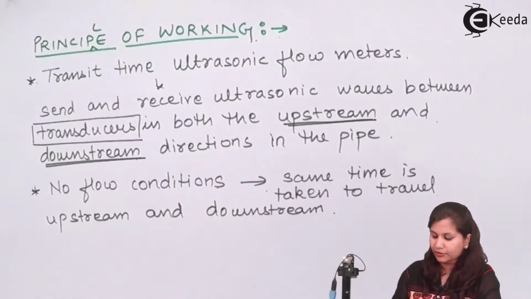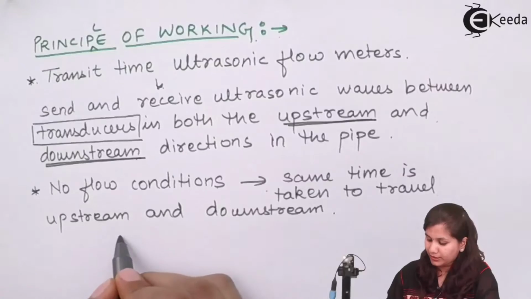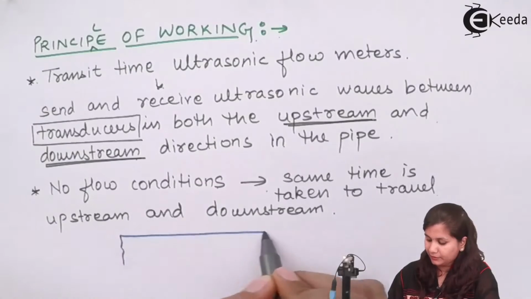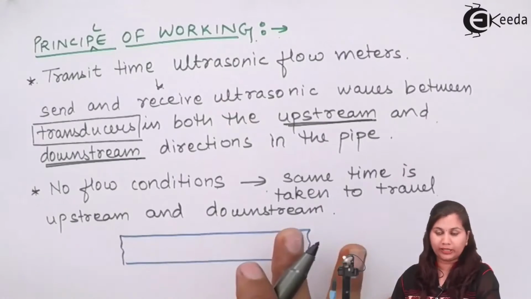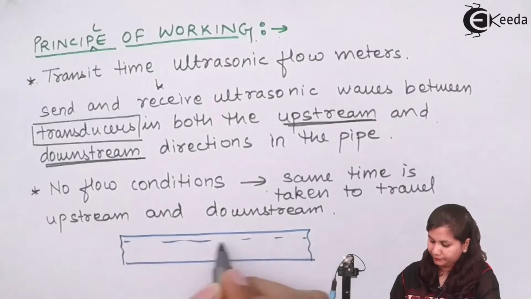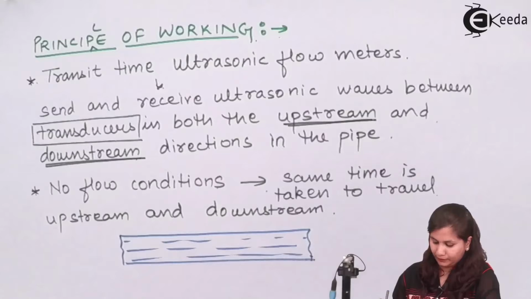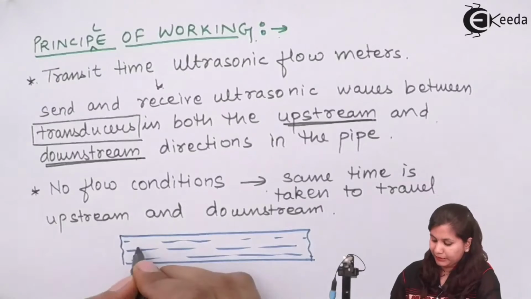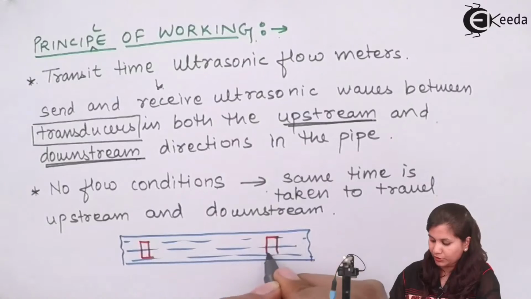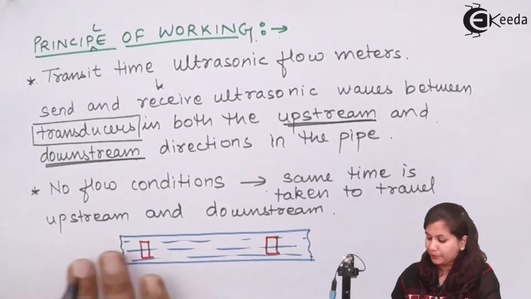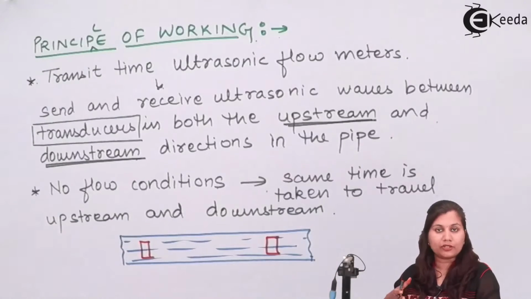Let us see a figure so that it will be clear to us. Suppose that this is the pipe and the fluid is flowing in it. Now in this pipe we will be having two transducers. This is transducer 1, this is transducer 2. Downstream is the direction in which the fluid is flowing, and upstream is the opposite direction.